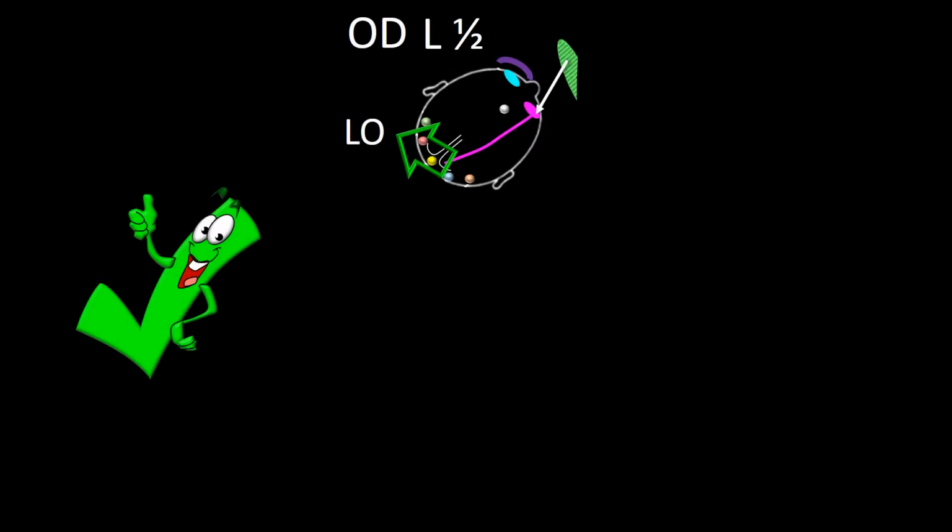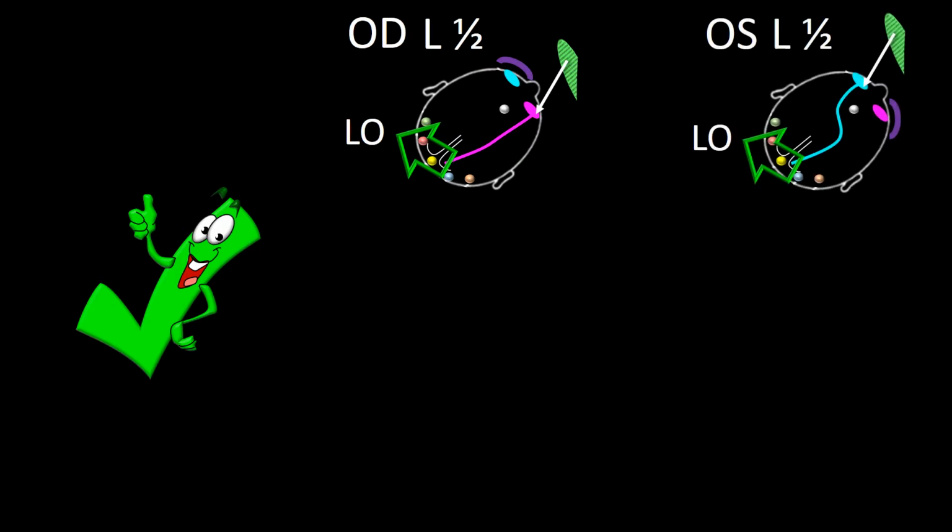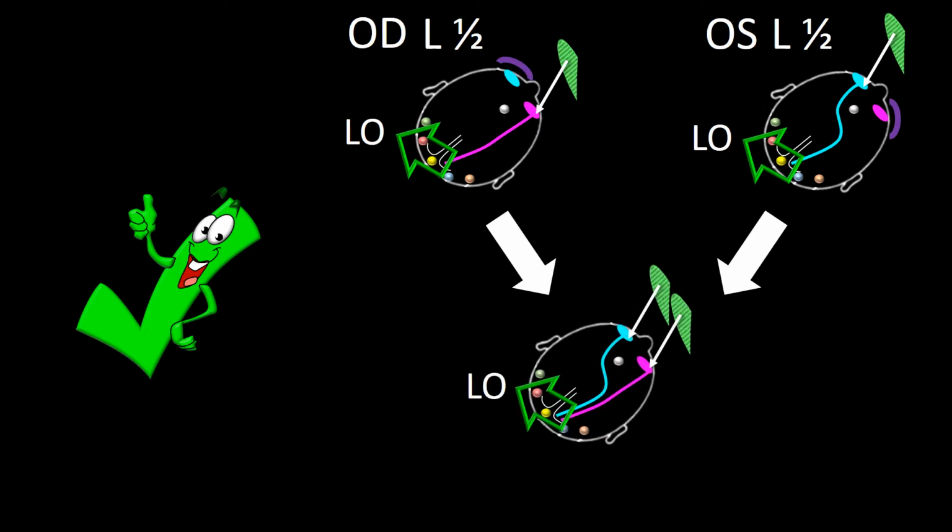In a normal person, a left hemifield stimulation of the right eye and a left hemifield stimulation of the left eye, when done at the same time, will combine and activate the right occipital visual cortex.